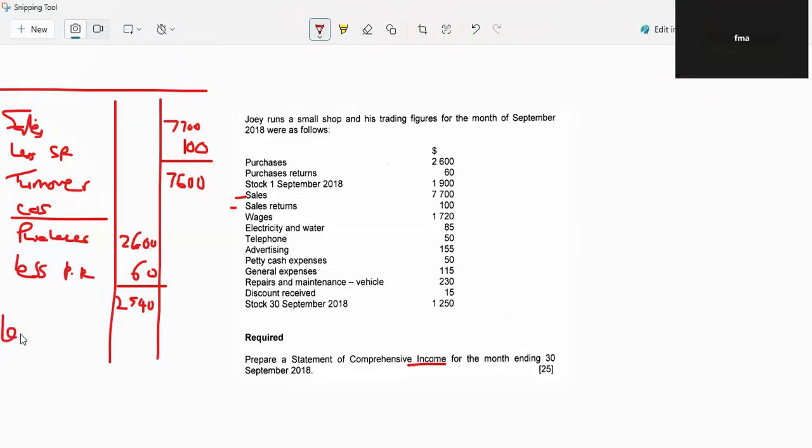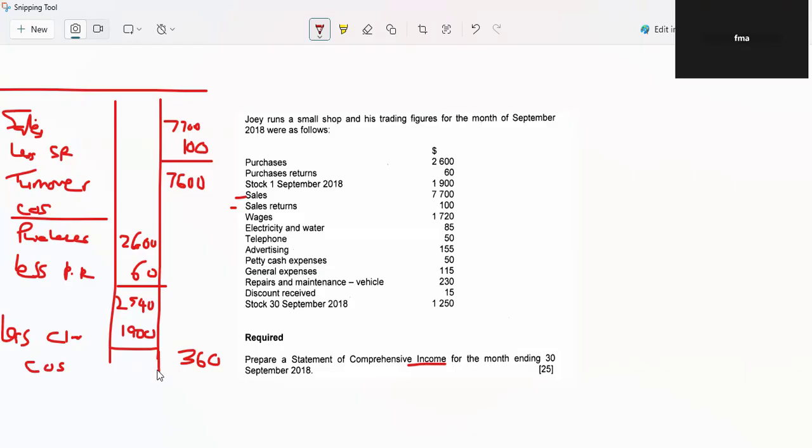Less closing stock. So 1,900 less 1,540, 360. So this is what we call the cost of goods sold, cost of sales.